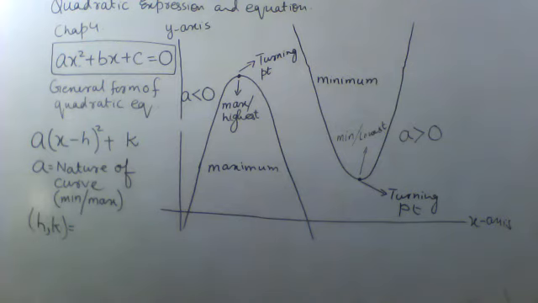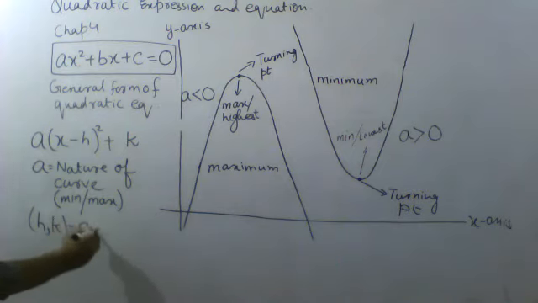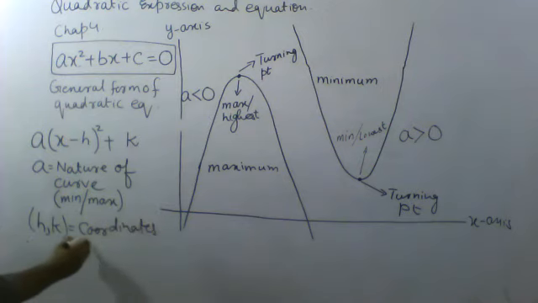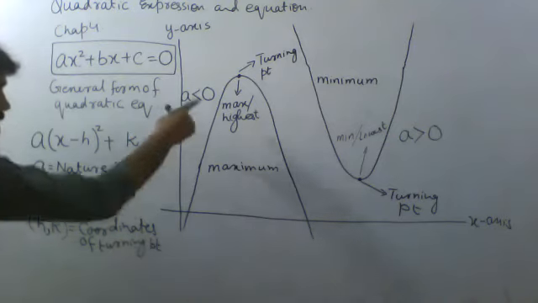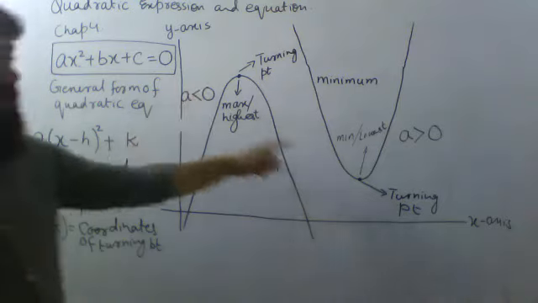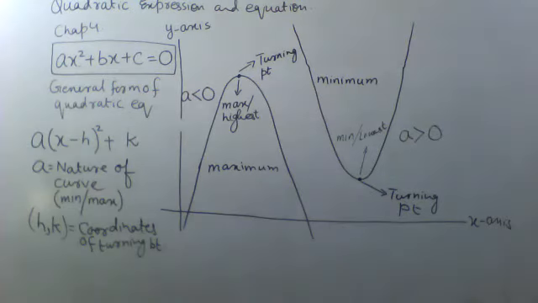What does this represent? h and k represent the coordinates of the turning point. The most important point in this curve, as I have told you, is the turning point. So h and k represent the coordinates of the turning point.